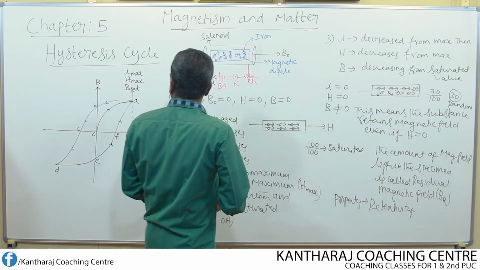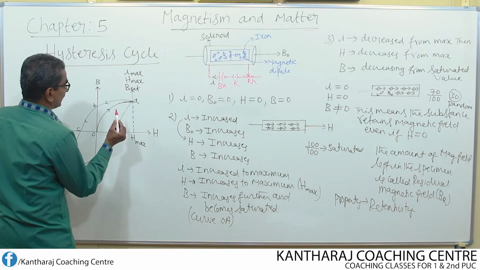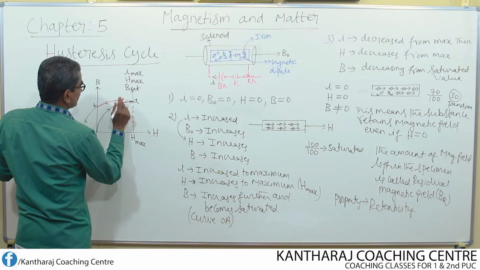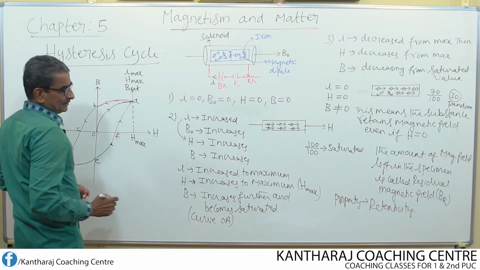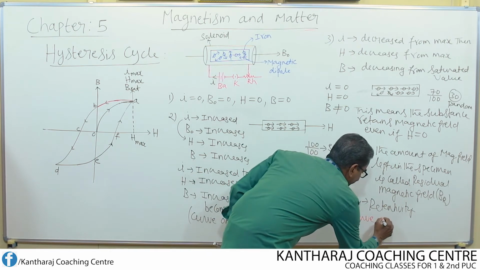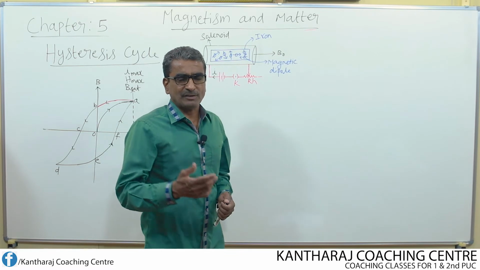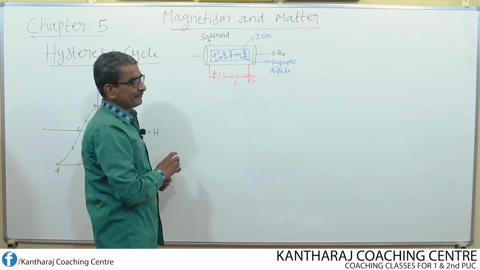And this operation is represented by the curve. Look here, so this is the curve AB. Now next what we do means, we change the direction of current.